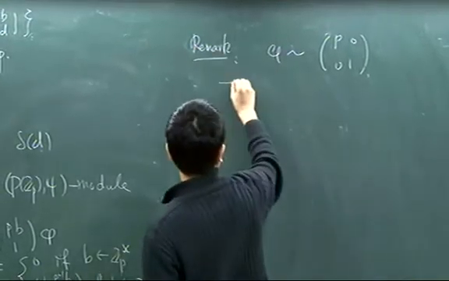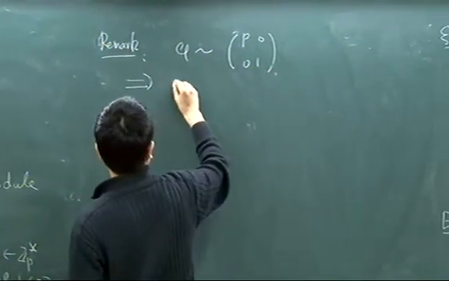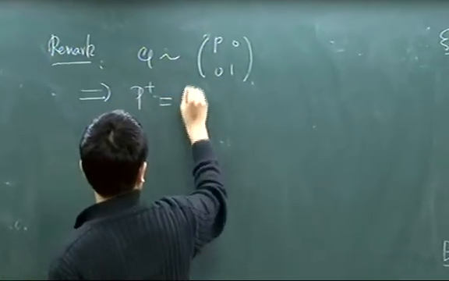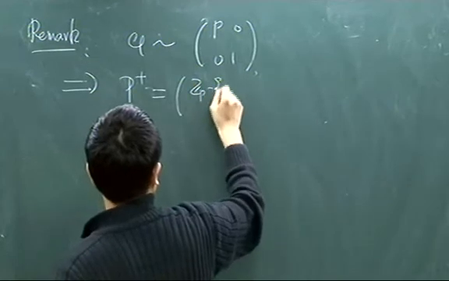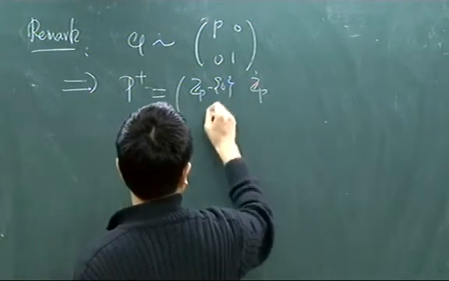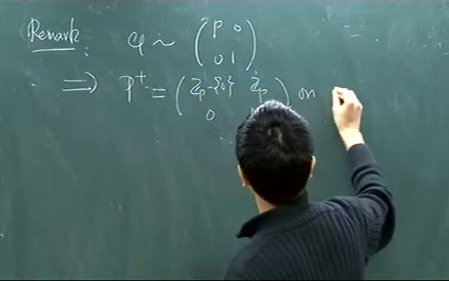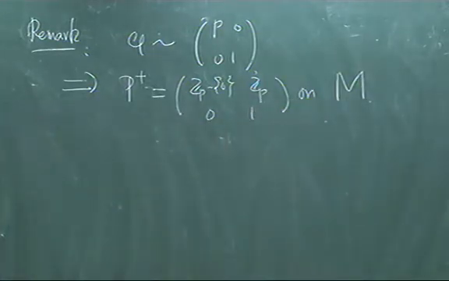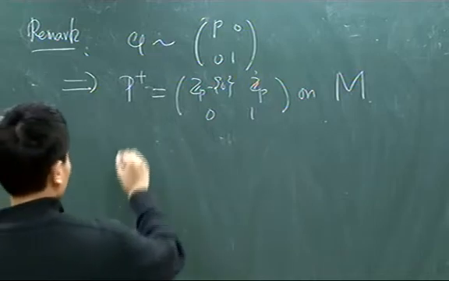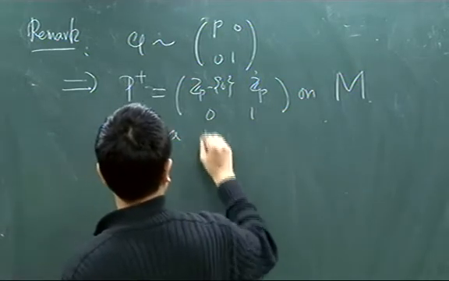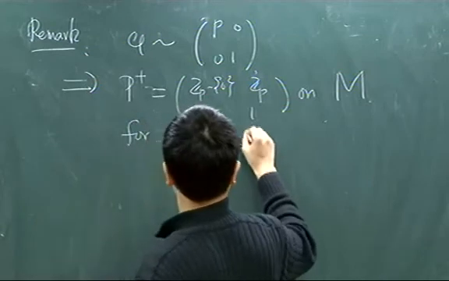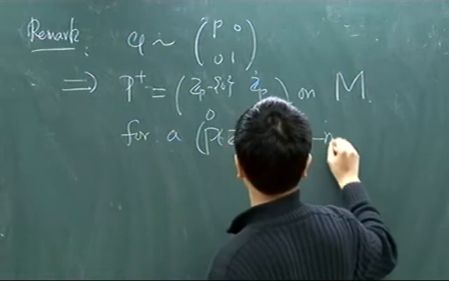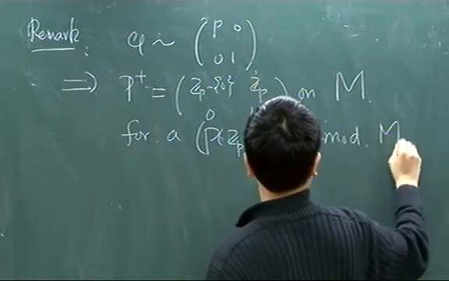So we will get the P plus action, which we know is Z_p minus 0, Z_p, on M, for any M here, for a P-Z_p phi-psi module M.